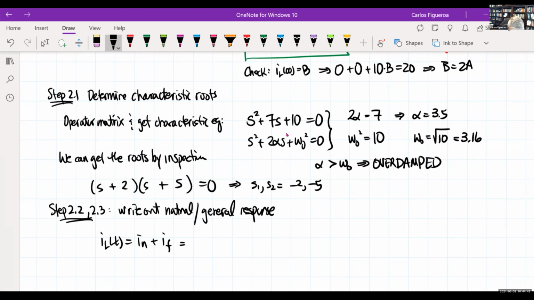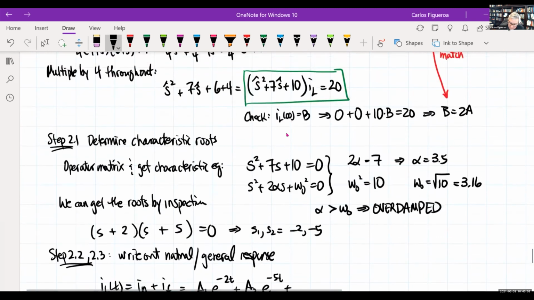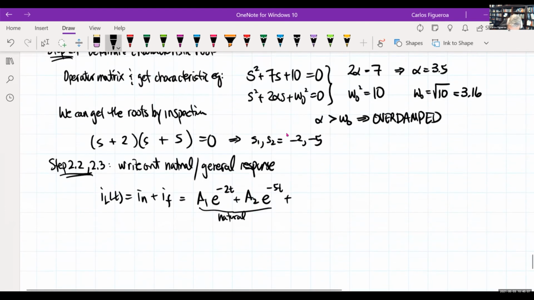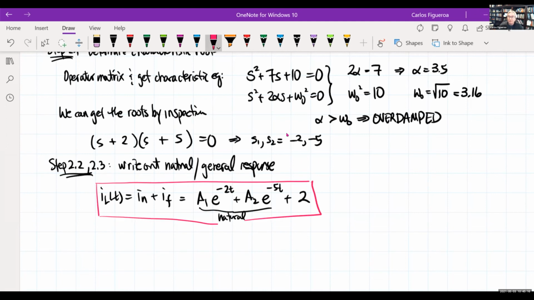The natural response has to be A1 e to the minus 2t plus A2 e to the minus 5t. That's my natural response right here. And then my forced response, we already saw, was B right here, which is 2. So I write 2 here. So now I have my general response. And you can see that we're setting it up to solve for A1 and A2 here.